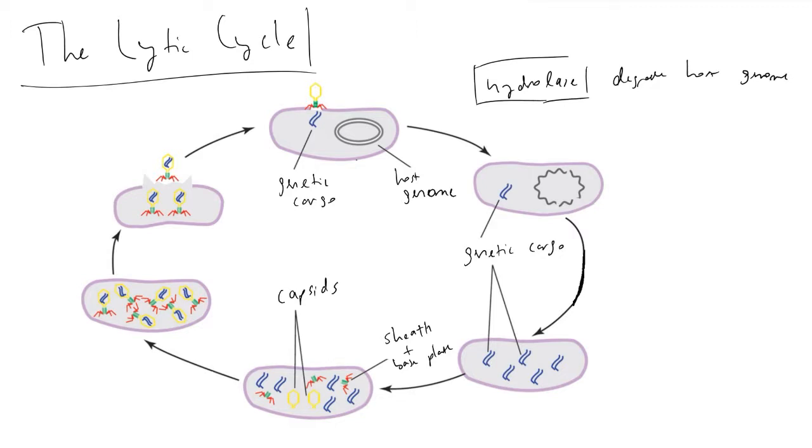And so the thing you have to remember with viruses is that they are incapable of reproducing themselves on their own. They need to hijack another cell's machinery in order to replicate themselves and their genetic material.